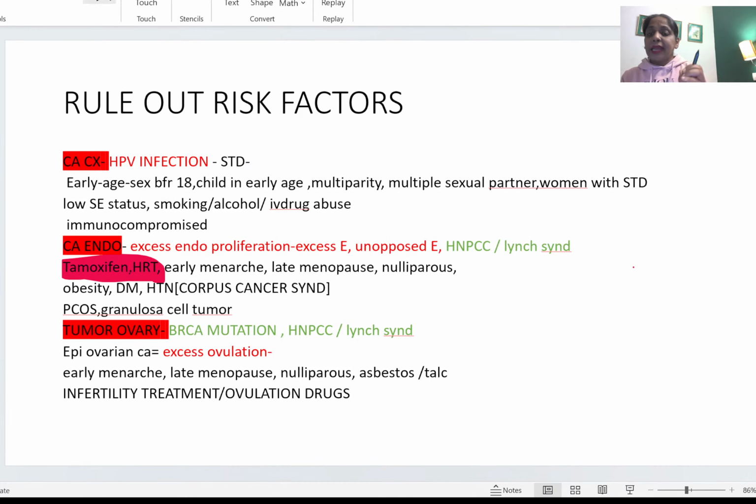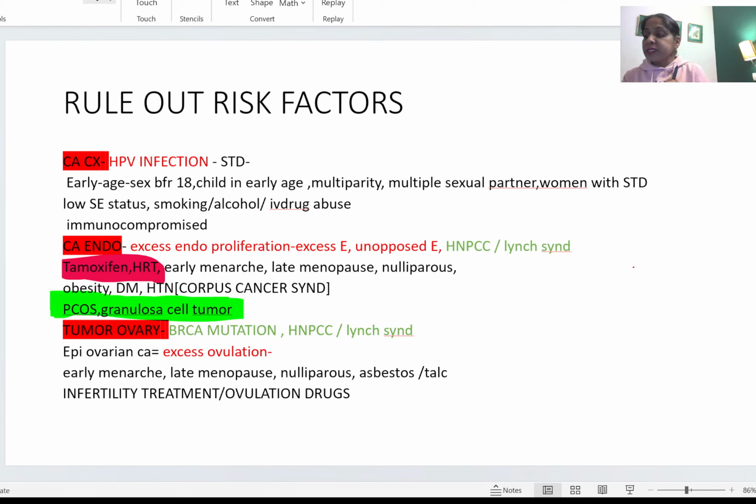And PCOS: in PCOS, there is no ovulation, so hyperproliferation of endometrium occurs. So PCOS and granulosa cell tumor both make the patient prone to CA endometrium.